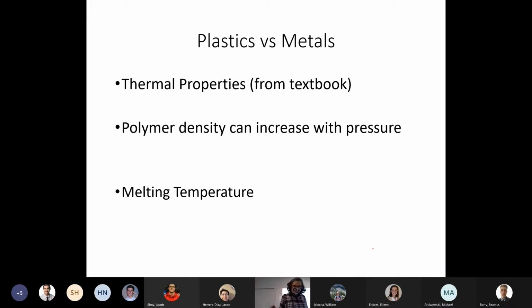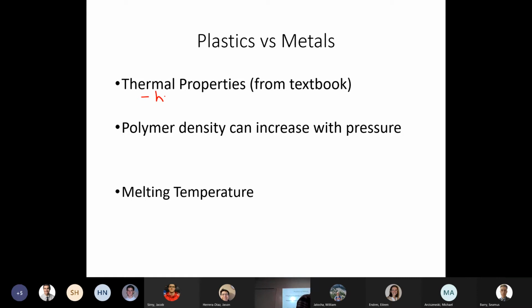But let's look at, again, some of our differences between plastics and metals. We tend to do a lot of processing more of metals, and so we can compare plastics and see how that's different.